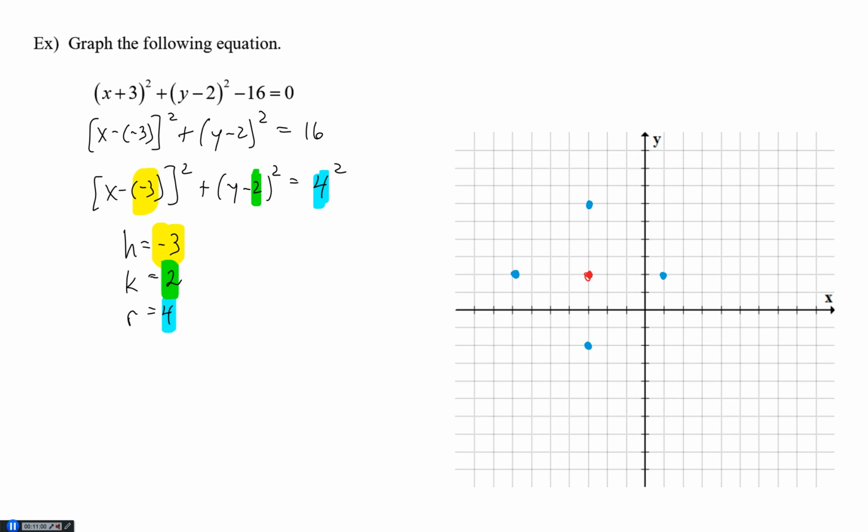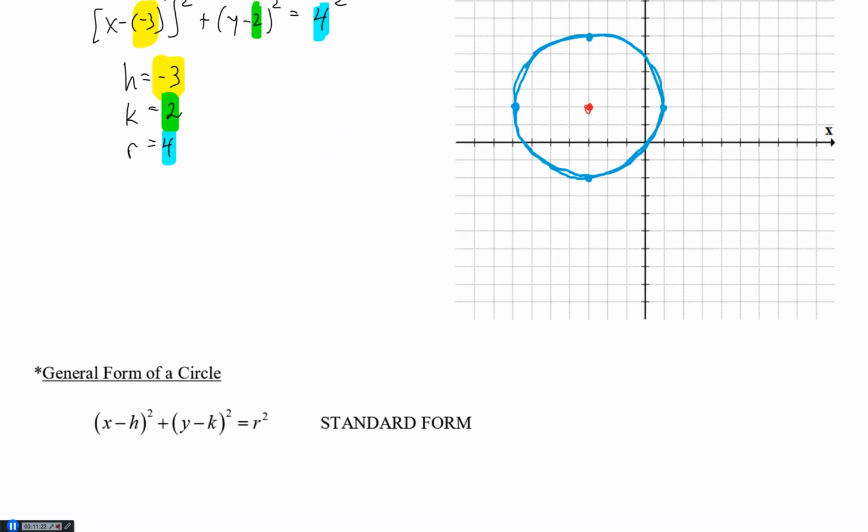So no one would expect it to be perfect. Just do the best job you can drawing a circle through those 4 points. So as long as you're in standard form, it's pretty straightforward.